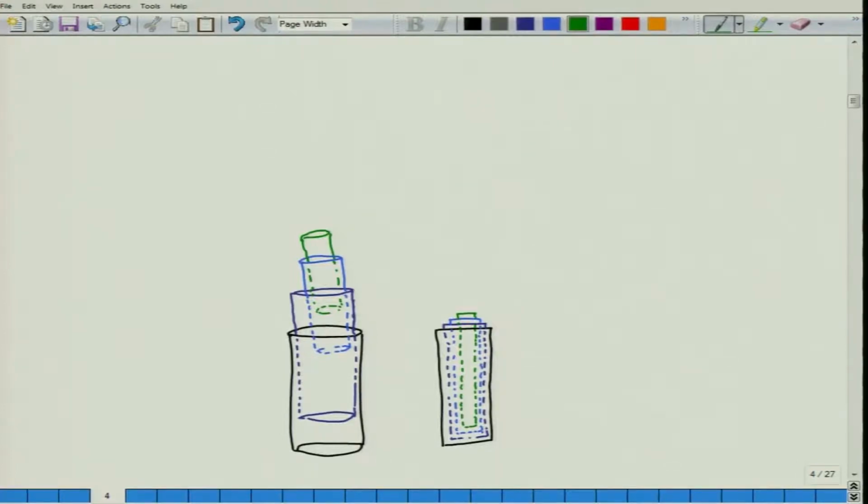When you have kept all these 4 portions, say 1, 2, 3 and 4, together, they occupy a very small length, let us call it a length L1.